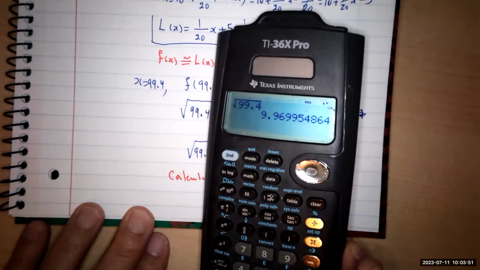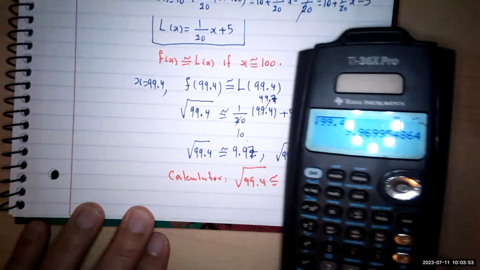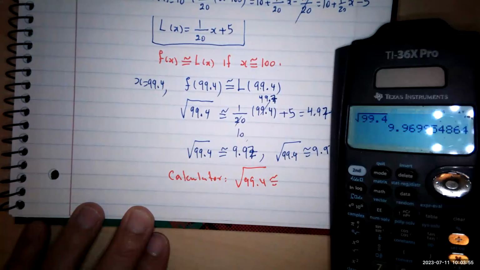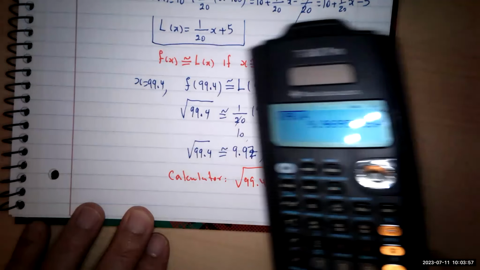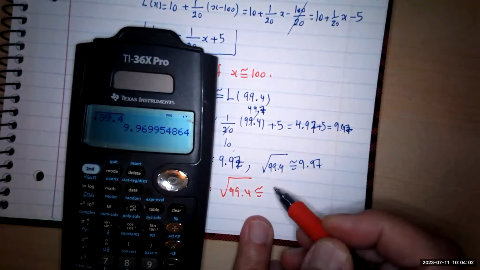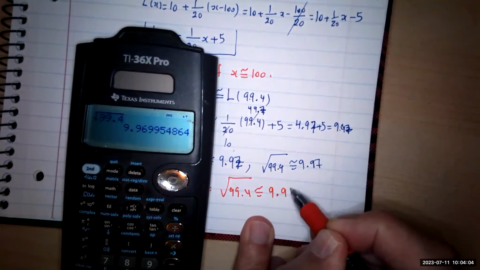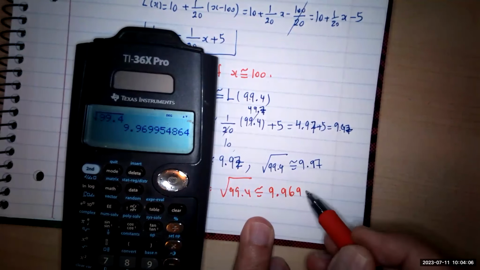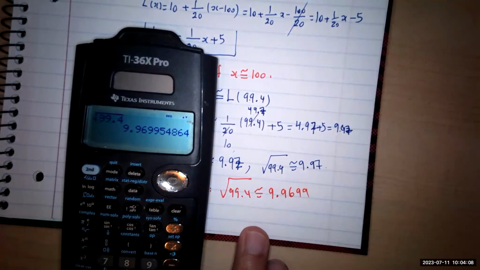That's it. 9.969, which is almost the same. So this is our number, 9.969, which is almost the same as 9.97.